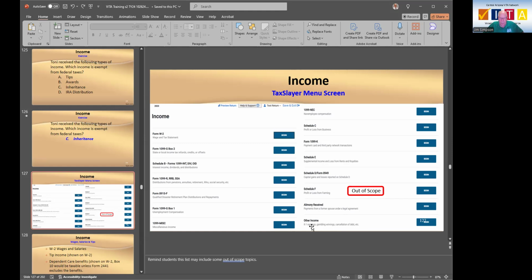Other income is like K1 earnings, gambling winnings. Yes, you have to pay tax on gambling winnings. Cancellation of debt: if for some reason you can't pay the credit card bill and they finally say, okay, we're going to write this off, you don't have to pay us.